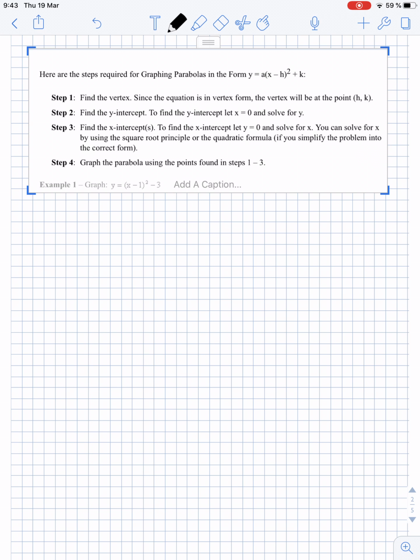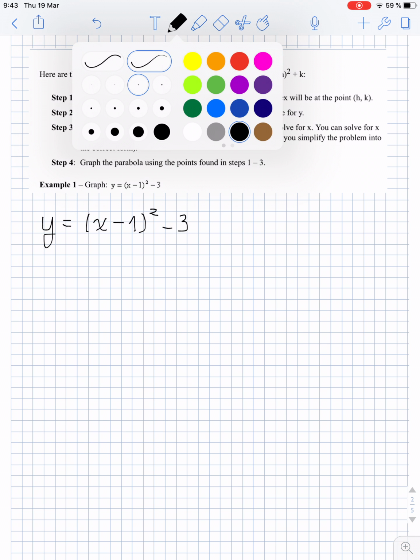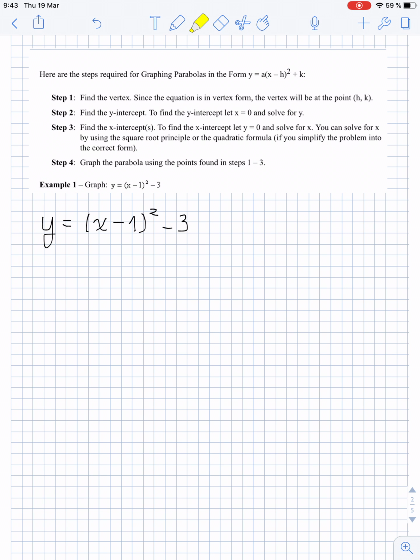In the example, we have the following expression: y equals (x minus 1) to the power of 2 minus 3. First we need to identify the vertex.